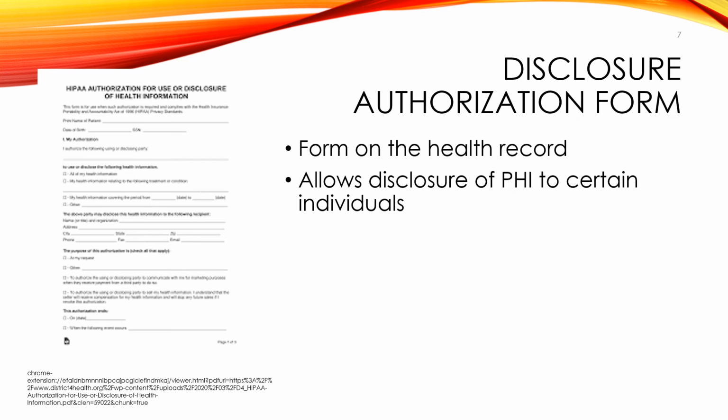If the caller is not indicated on the form on the chart that states that we can disclose information to them, we cannot release the patient's information, and we cannot acknowledge that the person is even a patient in the facility.